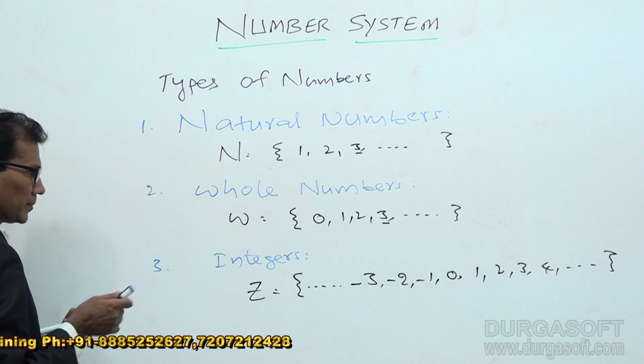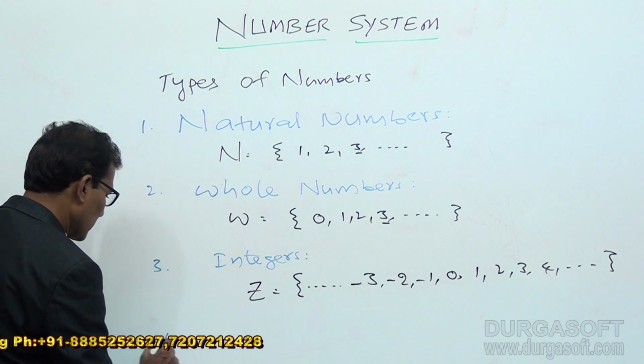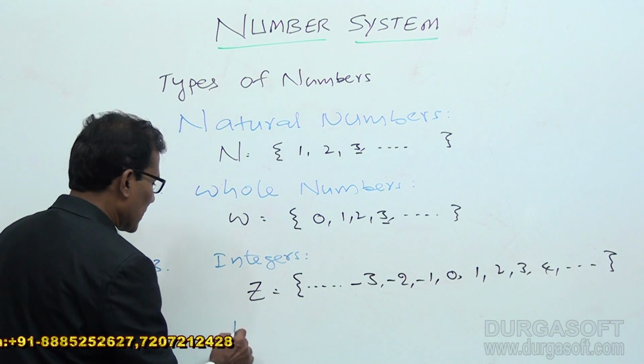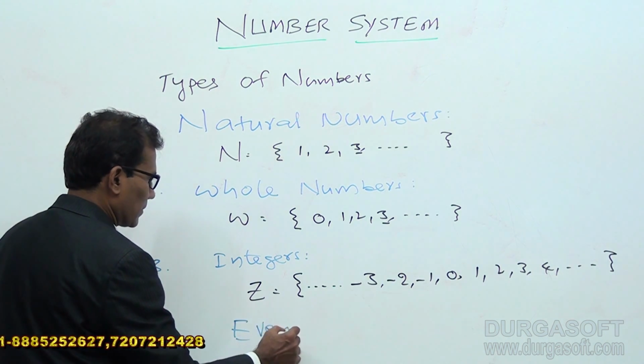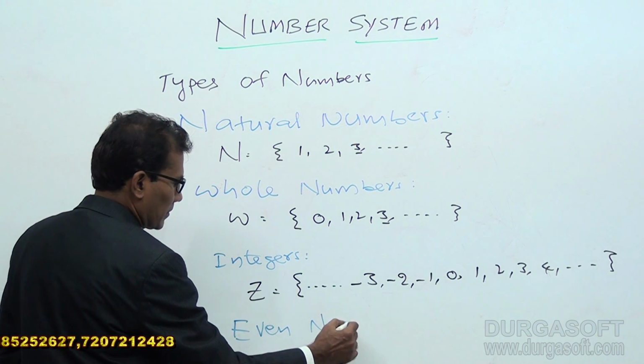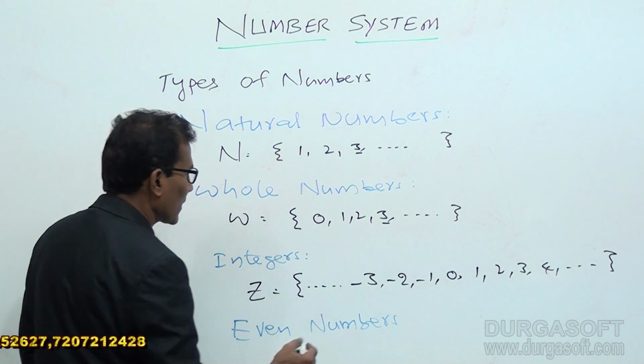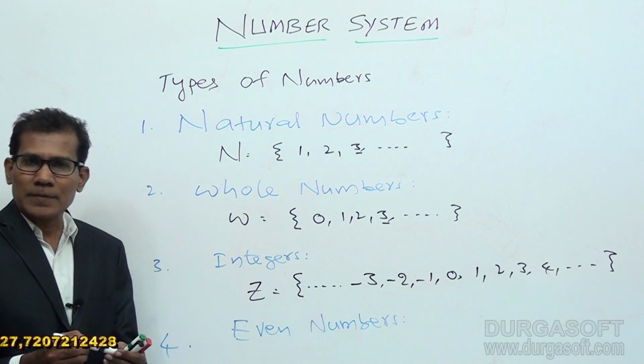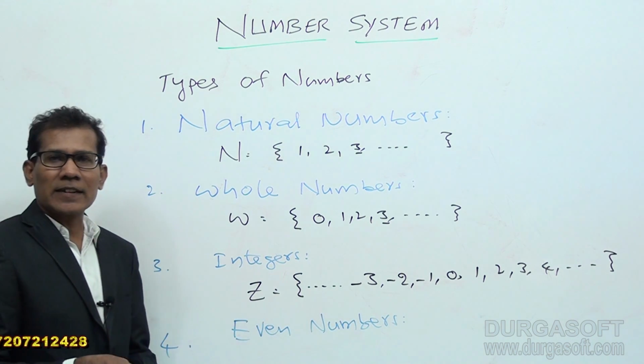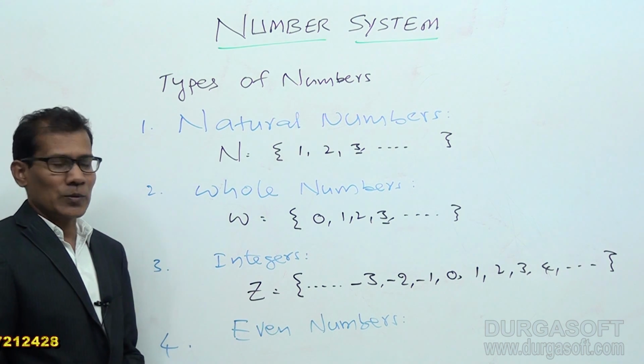And next, even numbers. What are the even numbers? The number which is exactly divisible by 2 is called an even number.